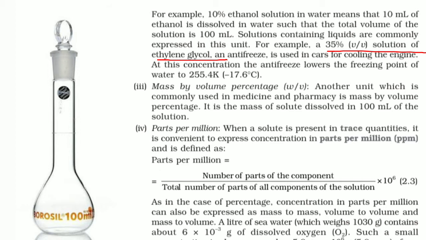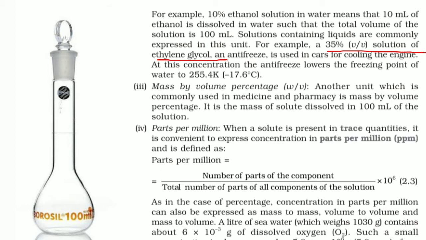This is used as an antifreeze solution in the car engine. In some places, like hilly areas where the temperature is very, very low, below 0 degrees, the water can freeze.